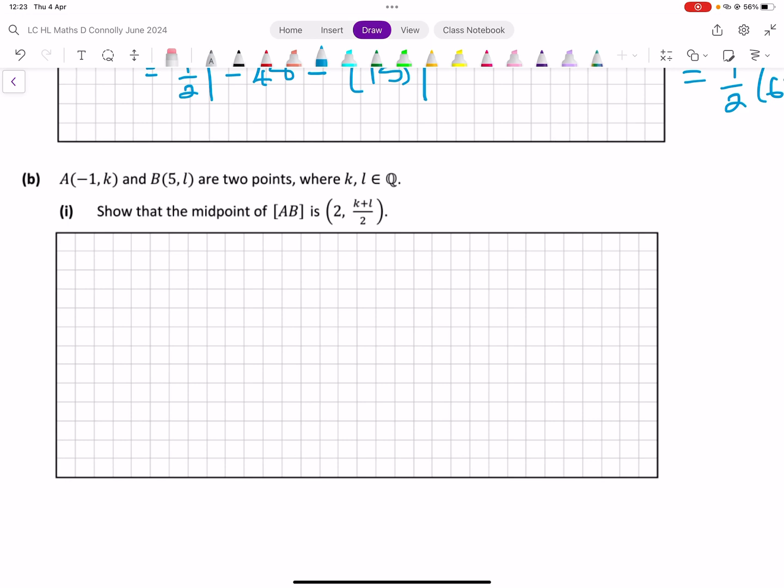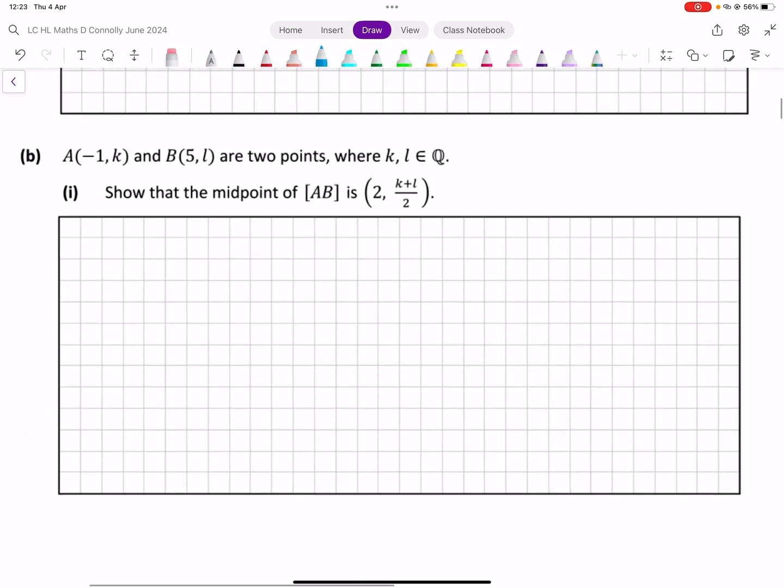So these points, A and B, are 2 points where K and L are both rational numbers, so they're both fractions. And then obviously if they're both fractions, they could be integers or they could be natural numbers. Show that the midpoint of AB is this. Okay, so should be easy enough. A is minus 1, K, B is 5, L. x1, y1, x2, y2.